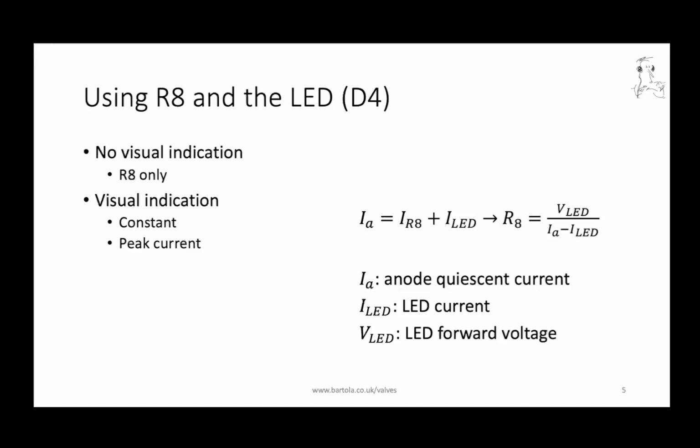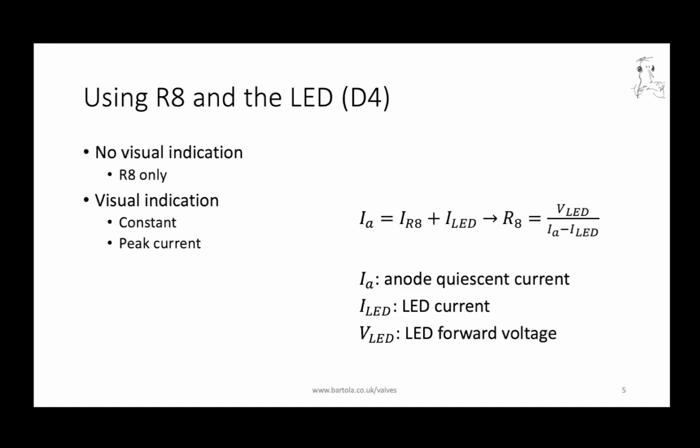But in summary, if you remember, those two devices, the resistor R8 and the LED, are both in parallel, and the current flowing through the cascaded MOSFETs goes into the anode of the triode or the pentode valve.